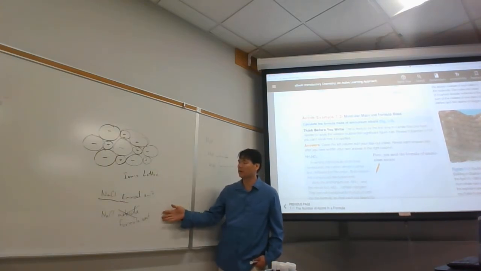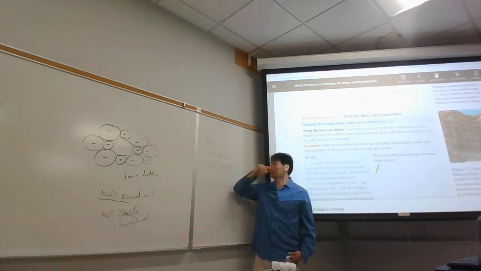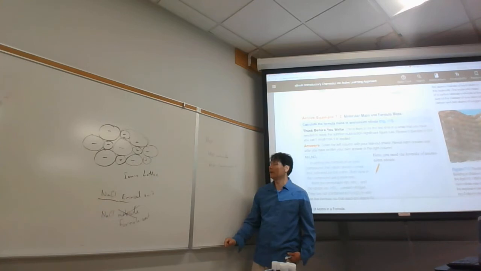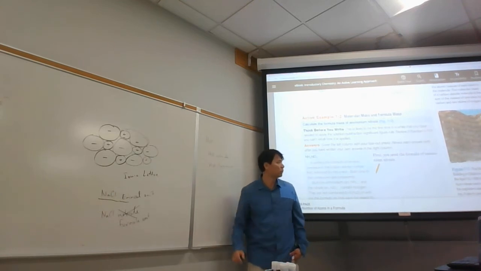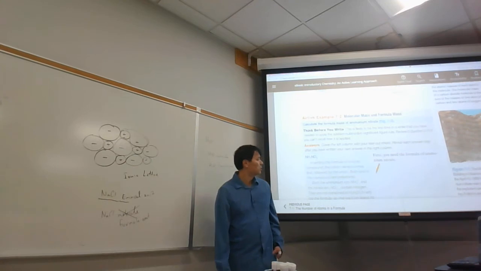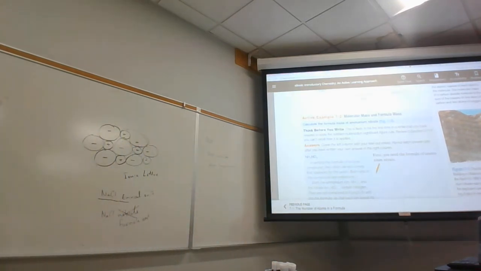And then we can calculate the mass of just one of those units. How much does a formula unit or a molecule of H2O weigh? Well, oxygen's average is 16, hydrogen's 1, so about 18 for that. We can go more, 6 figs. For ammonium nitrate, how much does a formula unit of ammonium nitrate weigh?